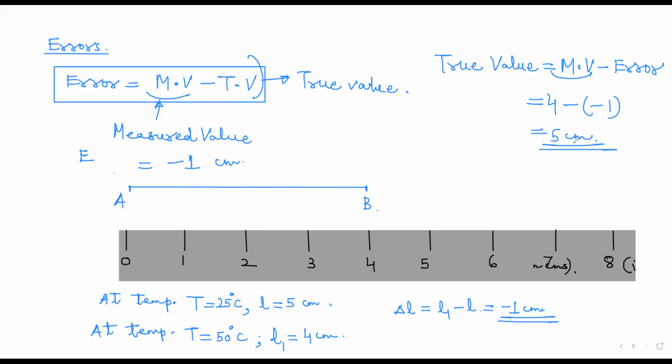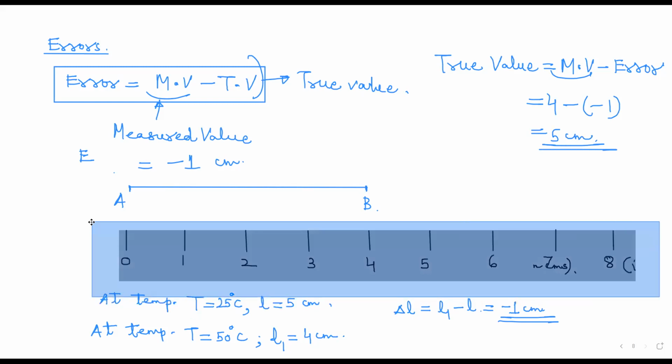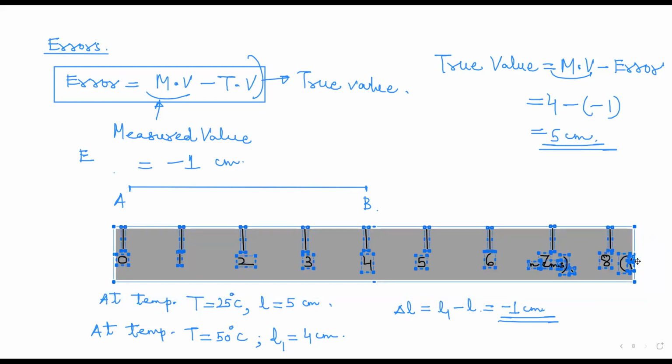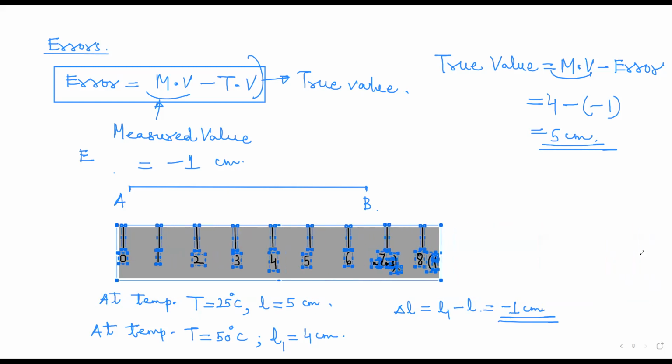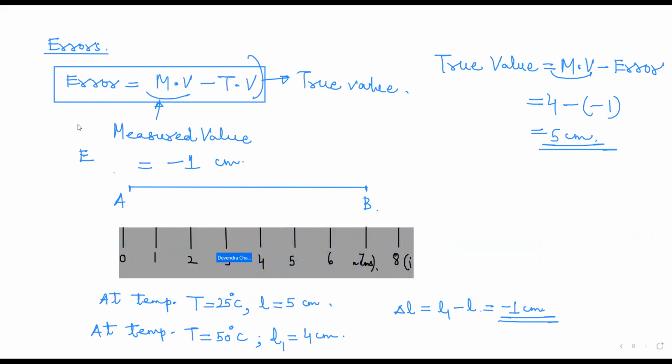If the error is positive, when will it become positive? When the temperature will drop. Let's see what happens. Suppose the temperature drops to, say, T equal to minus 10 degrees Celsius.